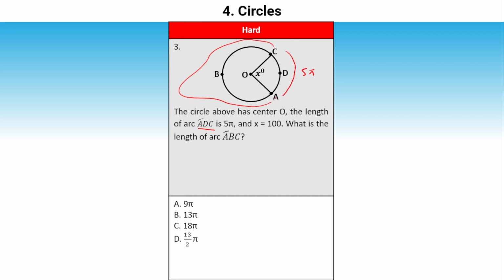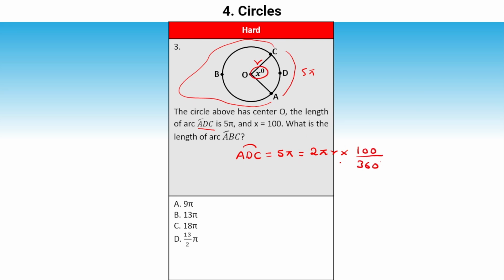Okay, so first of all, let's find the radius of the circle, r. What is the ADC arc length? It is 5 pi, right? It equals the formula for arc length, which is 2 pi r into the central angle, given the value of x, divided by 360 degrees.